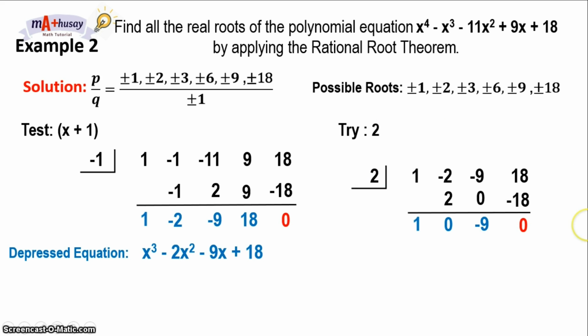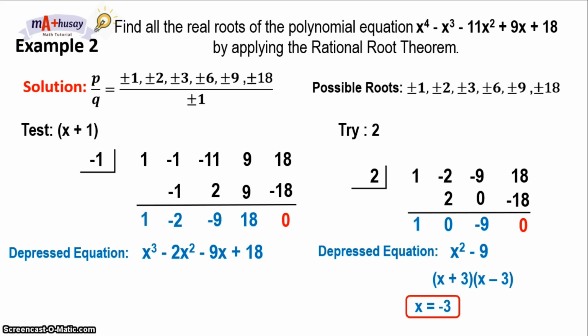Now, in the third row, we have this depressed equation again. We can rewrite this as x squared minus 9. This time, we have a quadratic equation. Now, we can factor x squared minus 9 as x plus 3 times the quantity of x minus 3. Now, we can solve for the value of x.